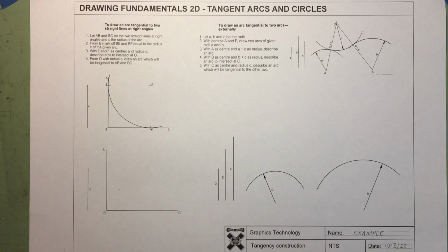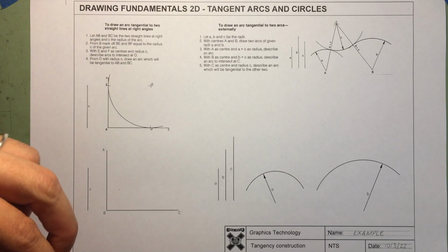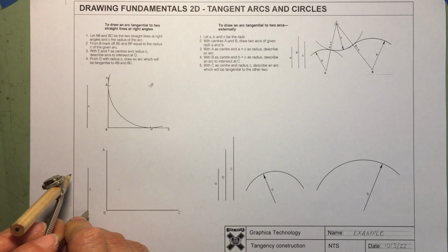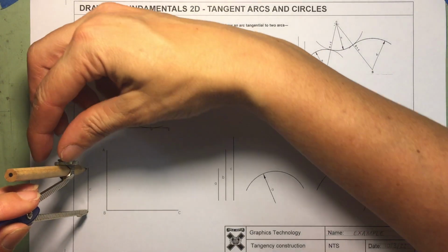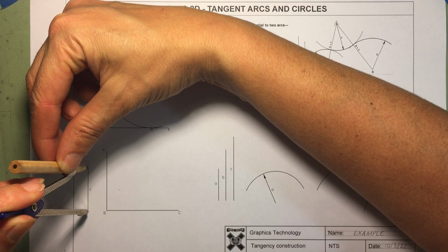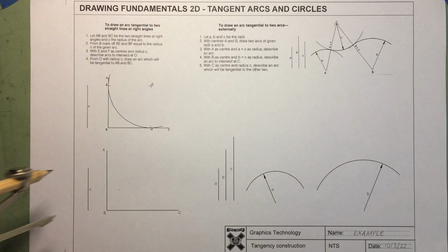So let's set C as the radius here. I've got a couple of lights going on. Let's just see if, okay, still pretty crazy shadows though. Okay, so C is our radius right there.